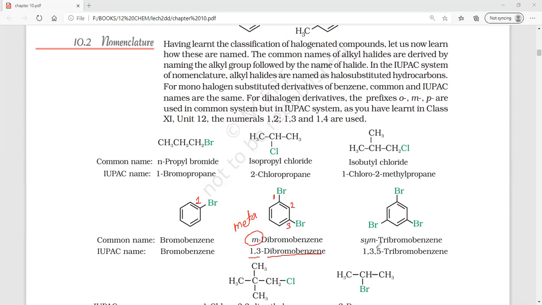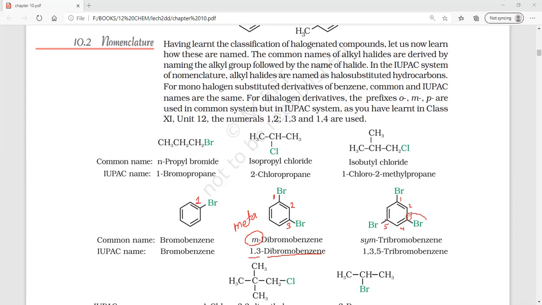Now here it is 1, 3, 5. There is no name for two meta positions. It is also meta position, it is also meta position. Okay. So it is named as 1, 2, 3, 4, and 5.